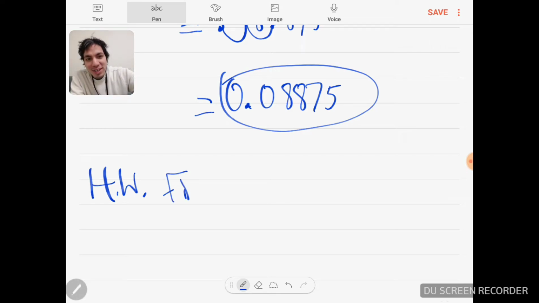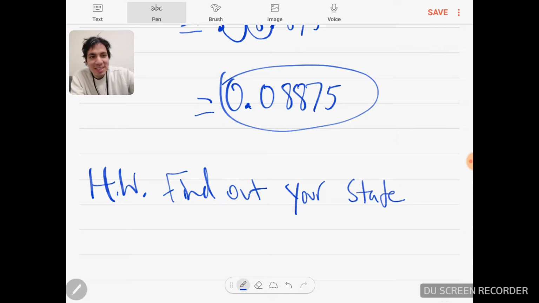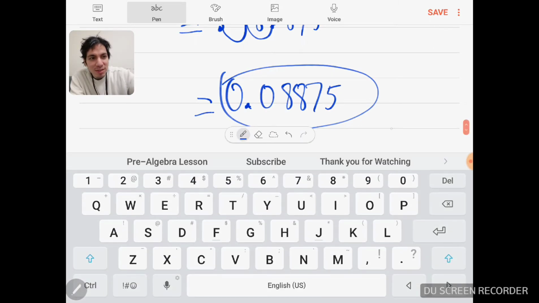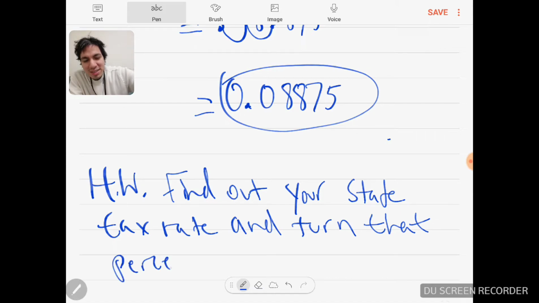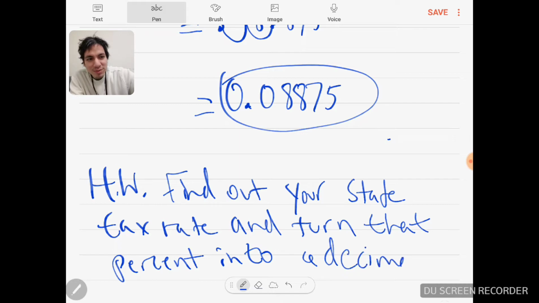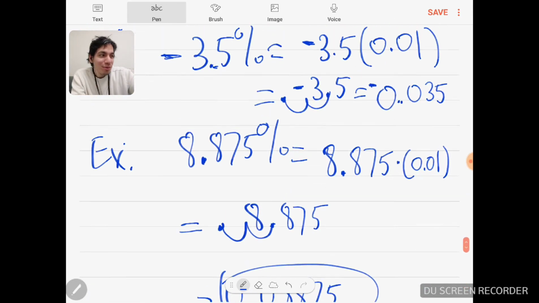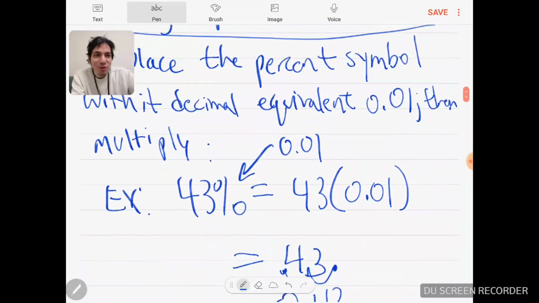So find out your state tax rate and turn that percent into a decimal. That's your homework for tonight, wherever you are in the world, morning, noon, or night.